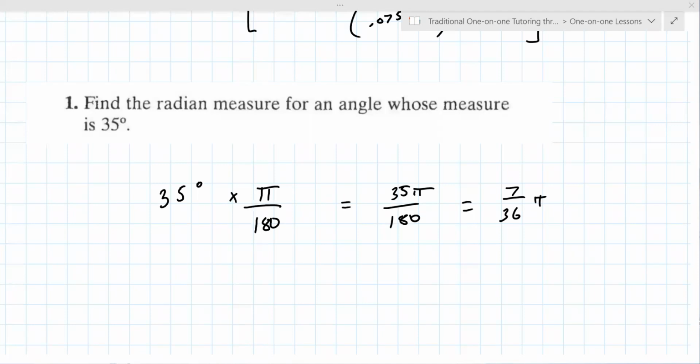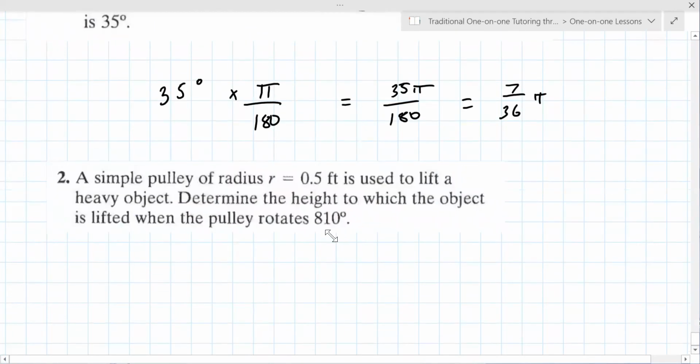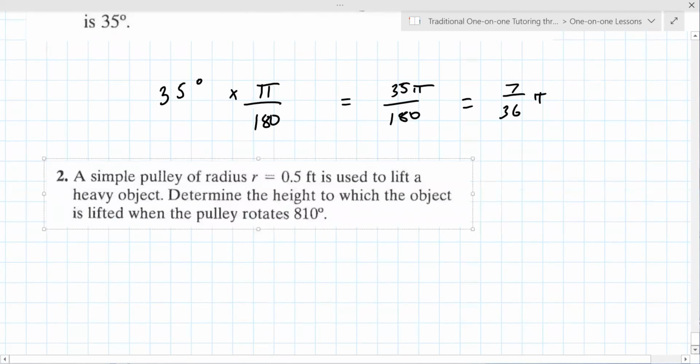Number 2. A simple pulley of radius 0.5 is used to lift a very heavy object.